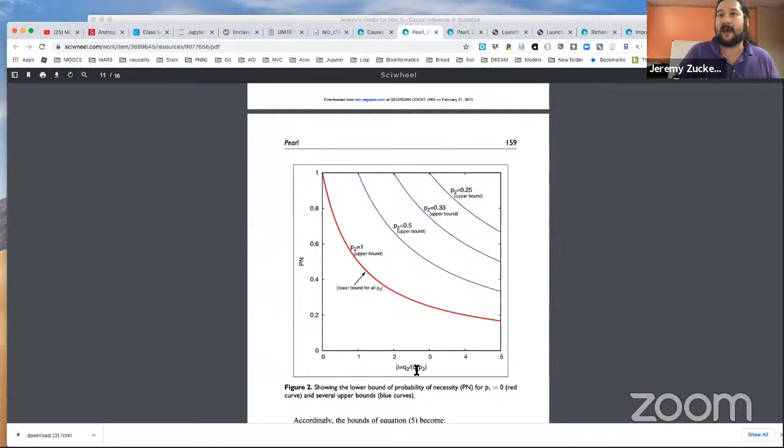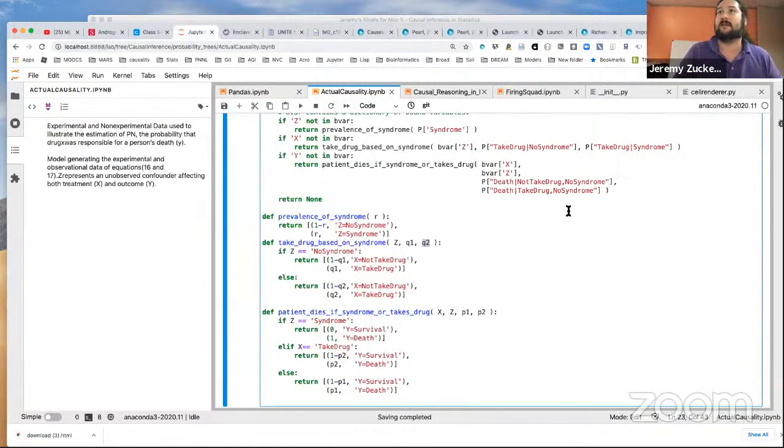And then you divide that by Q1 and P2. So what's Q1? Q1 is the probability of not taking the drug, not having the syndrome, and dying even though you didn't take the drug and you don't have the syndrome. So just randomly dying, not because you have the syndrome. And then P1 is the probability of taking the drug given that you don't have the syndrome.